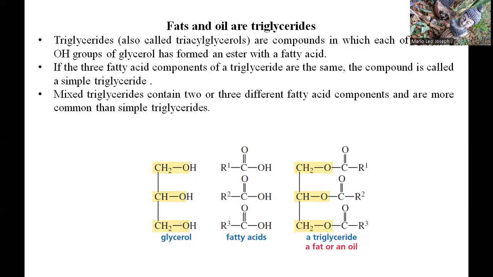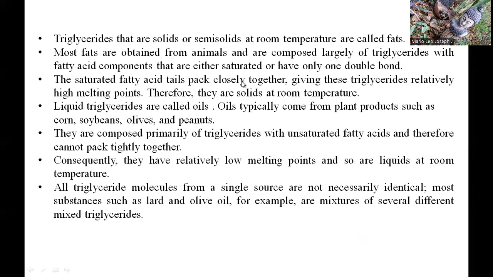These are the three molecules involved in fats and oils. Fats are basically obtained from animals. Oils are obtained from plant products, basically corn, soya beans, olives, peanuts. So you have multiple sources where you can get oil from.